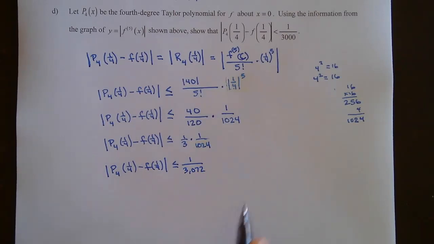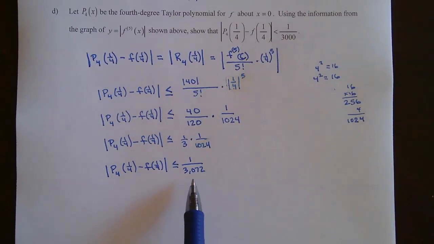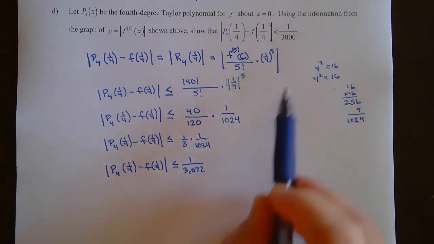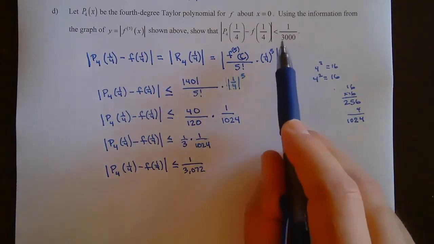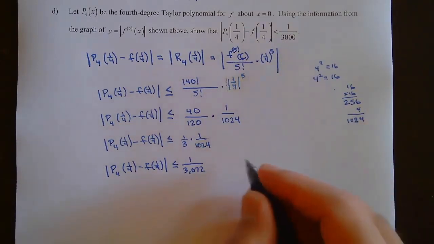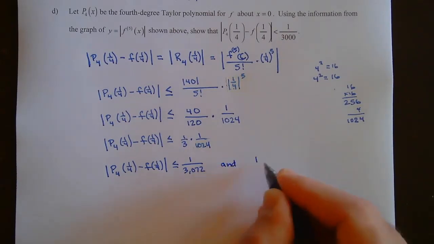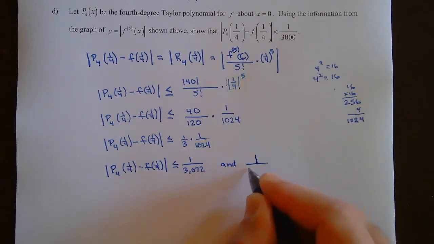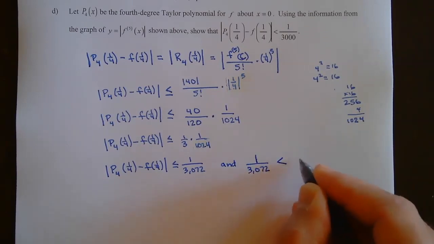Now, we were trying to show that it's less than 1 over 3,000. Well, what do we know about 1 over 3072 compared to 1 over 3,000? This denominator is bigger than this one. So 1 over 3072 is less than 1 over 3,000.